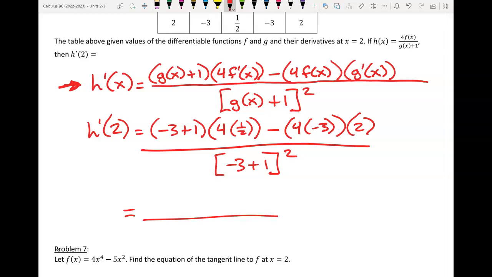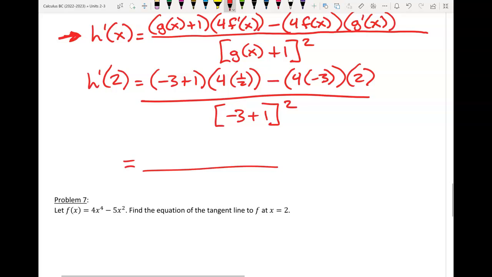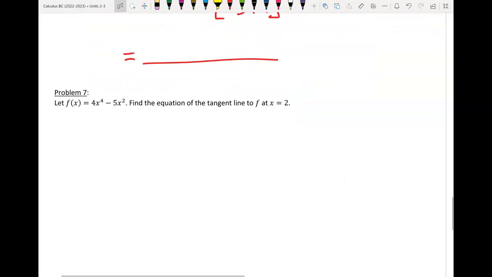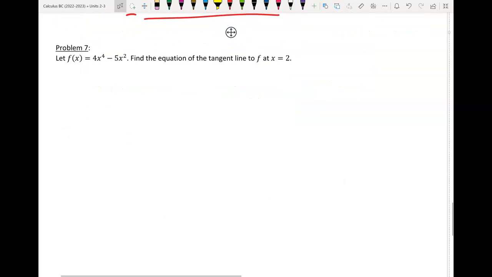So I would write that, because I think that's one of the points. They say h prime of x, and they give a point for writing out the correct h prime of x.